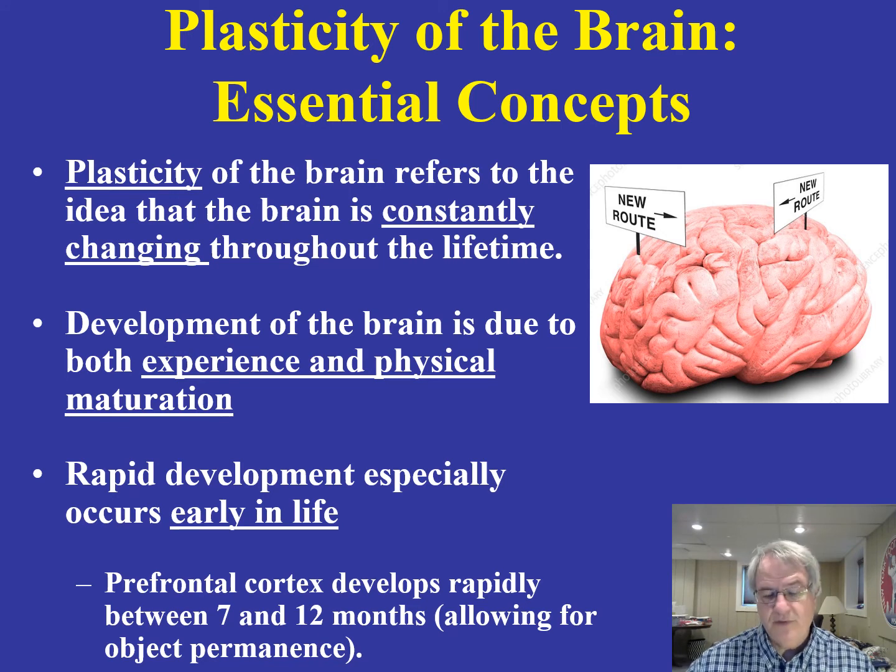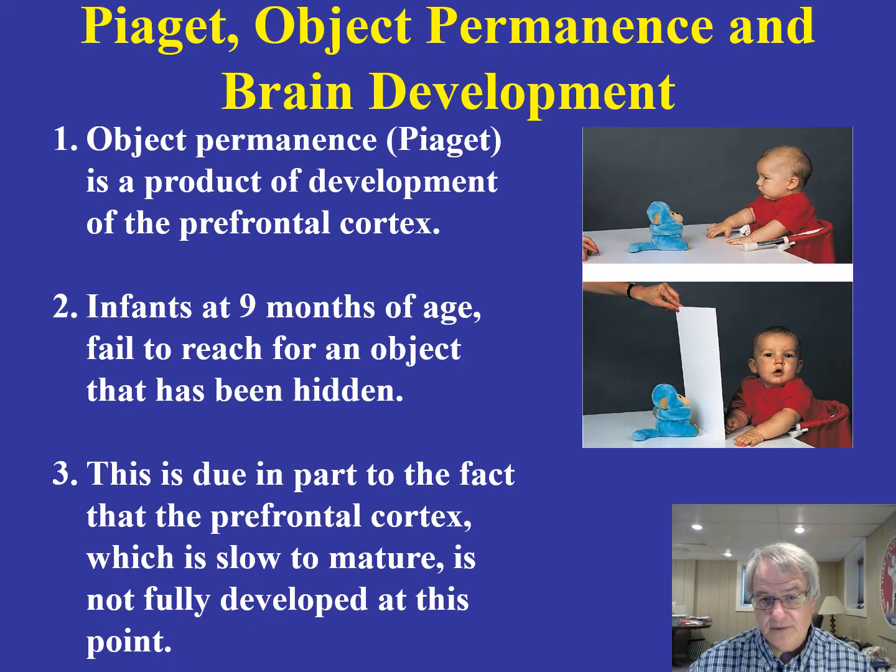For example, take a look at the work done by the famous developmental psychologist Jean Piaget on a phenomenon called object permanence. Take a look at that work and what we now know about the development of the brain. It becomes very interesting. Piaget talked about this concept of object permanence.